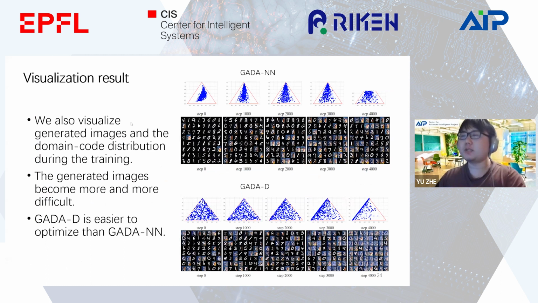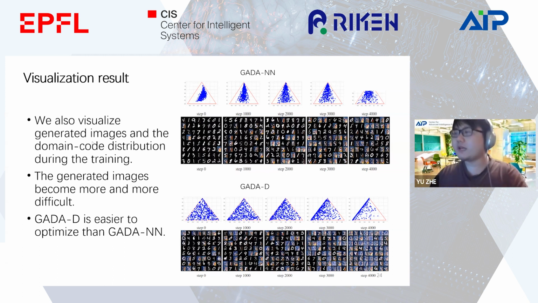And also, we visualize our two proposals. We visualize the generated images in each step and the domain code distributions during the training, as the red figure shows. The top is the visualization result of the GADNN, and the bottom is the visualization result of the GADD.